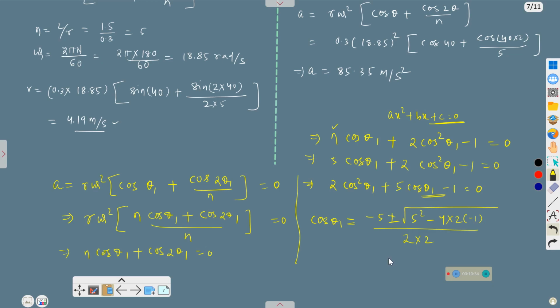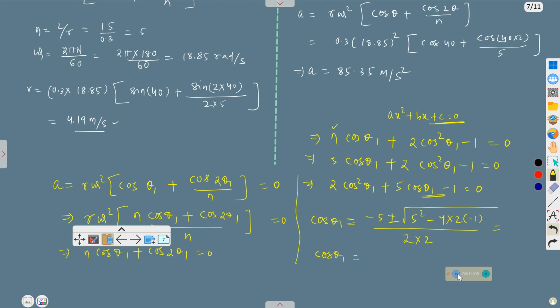Okay, so if we solve this mathematics, we can find the values of cos theta 1. Basically we will get two values of cos theta 1, one when we include the positive sign, the other when we include the negative sign.